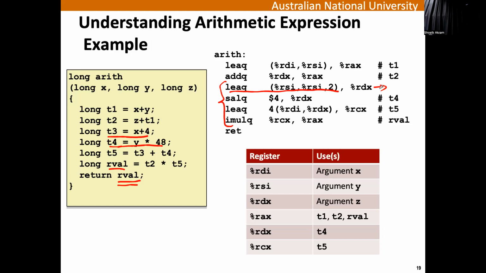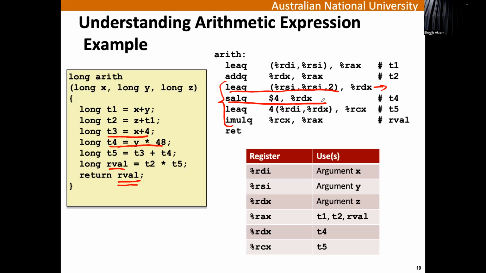Because later on, they want to use this trick once again. 3 times y multiplied by 16. You get 48y. You need 48y for T4.